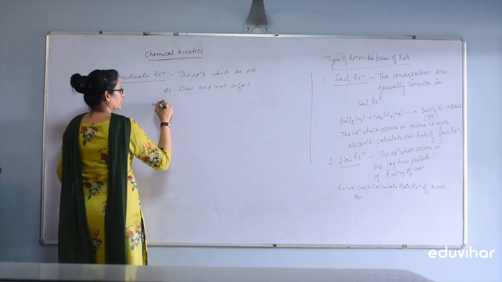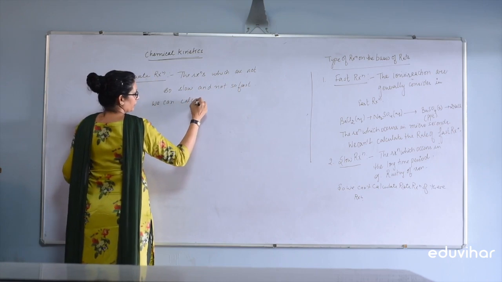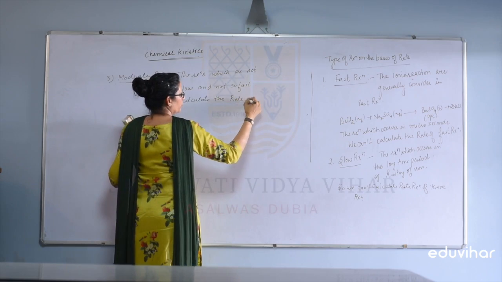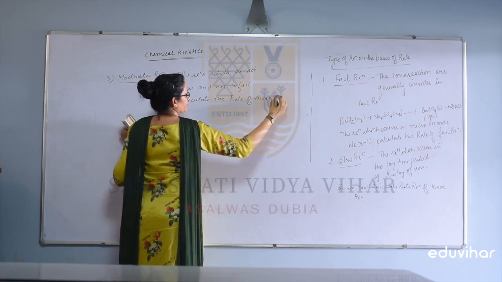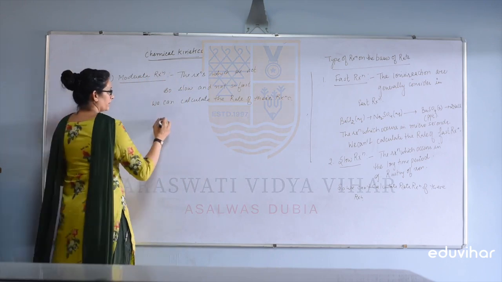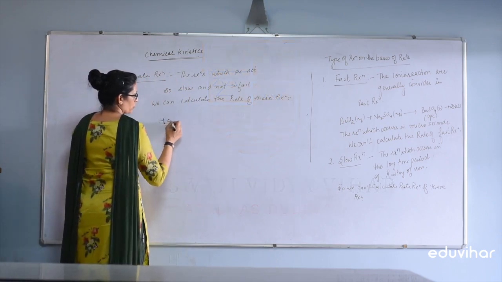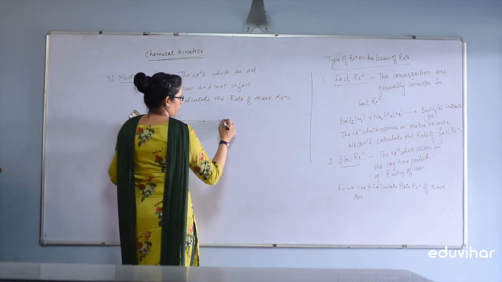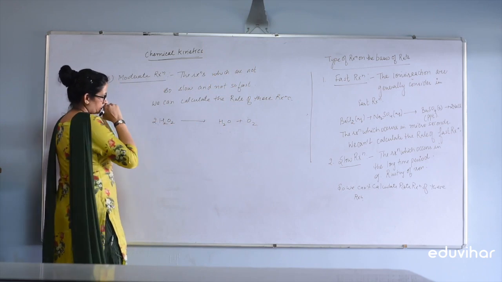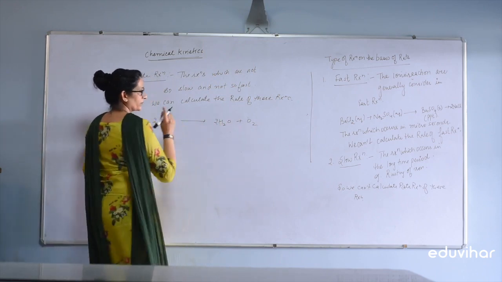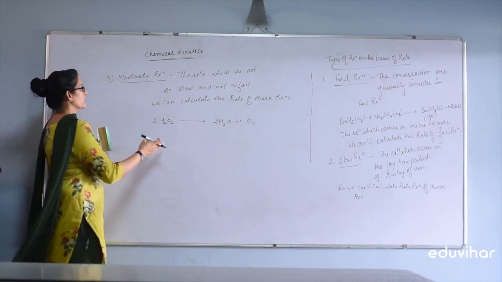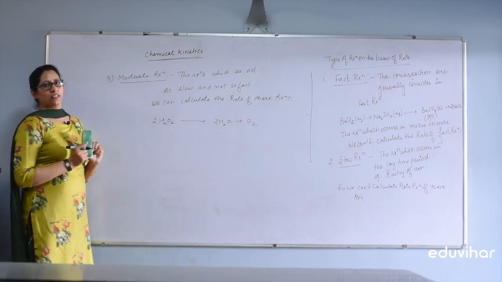We can calculate the rate of these reactions. For example, the decomposition of H2O2, formation of H2O plus O2. This is considered as moderate reaction.